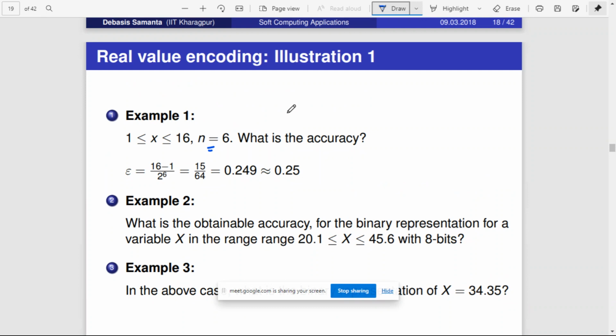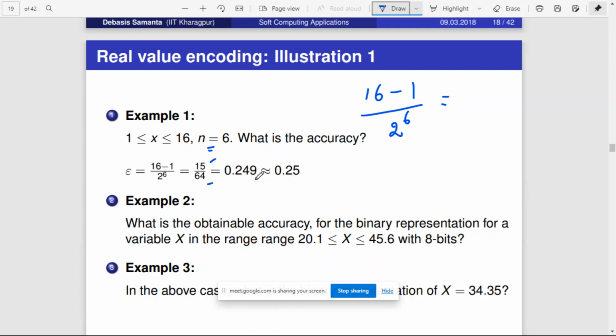In this case, what is xu? 16. What is xl? 1, divided by 2 to the power n. What is n? 6. So 16 minus 1 is 15, and 15 by 64 is 0.249.